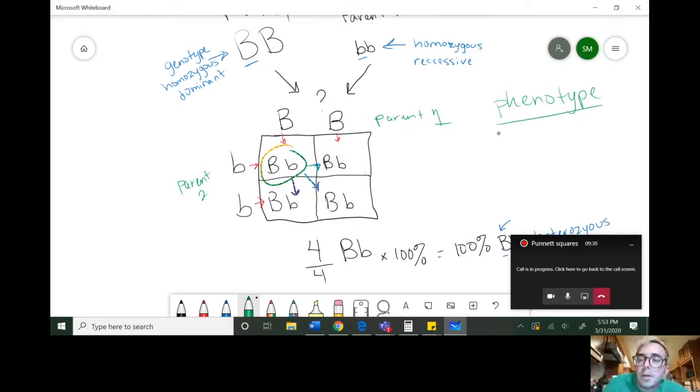I like to say the face we wear. And so the phenotype here would be brown dominant. And the phenotype here would be blue recessive.